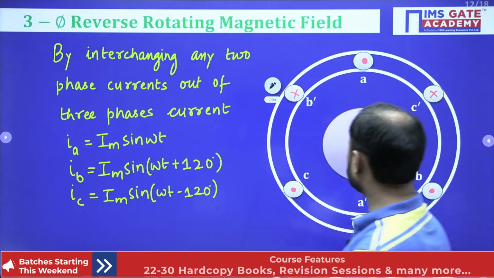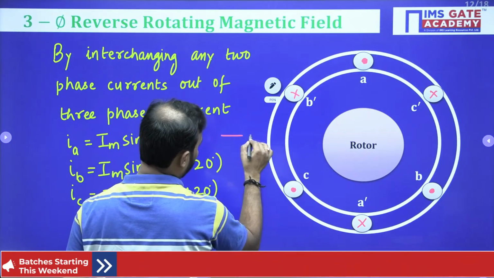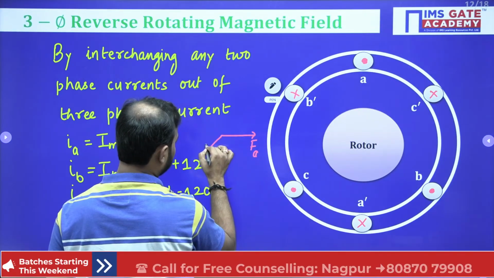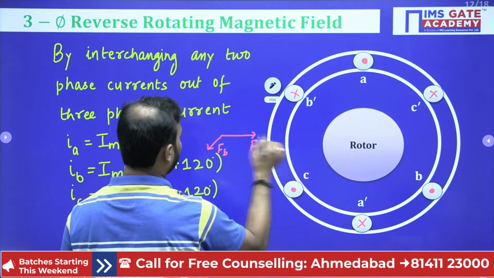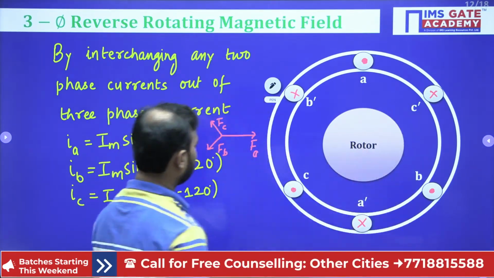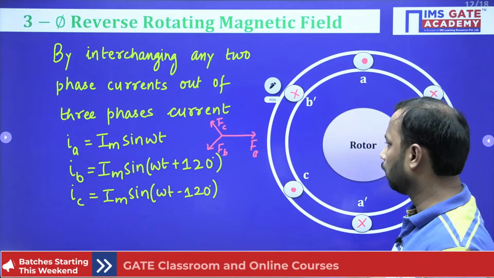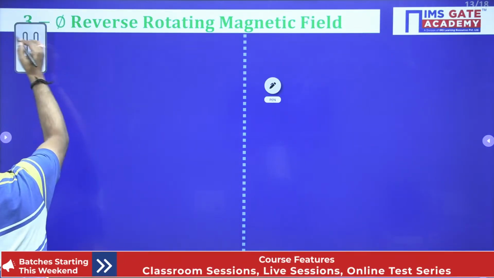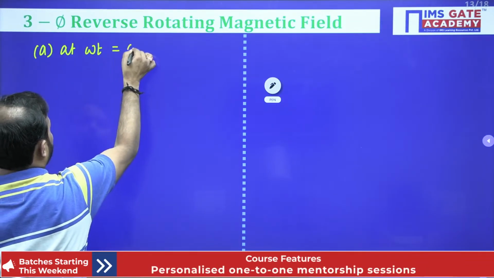So see here, the direction of MMF that we have got: this was FA for this current, this was FB for this current, and this was FC for this current. If the MMF becomes negative, we will reverse the direction. Now let me take an instant at omega t equal to 0 degree.